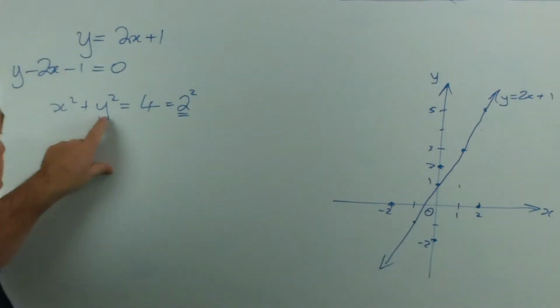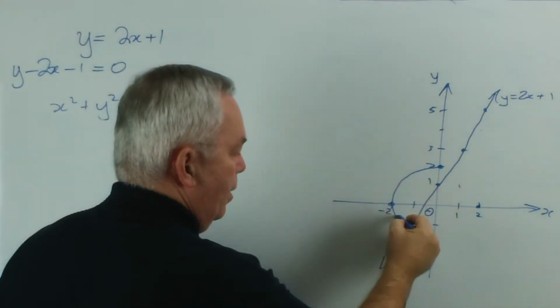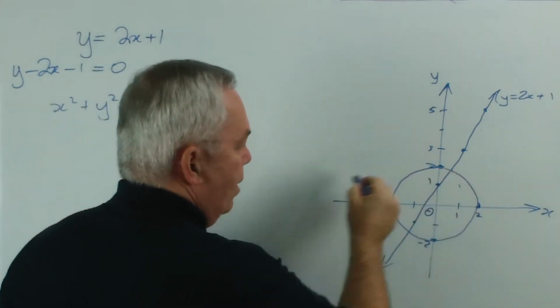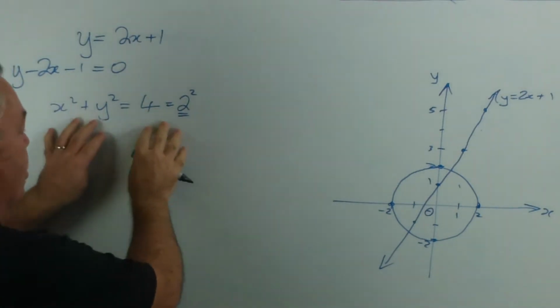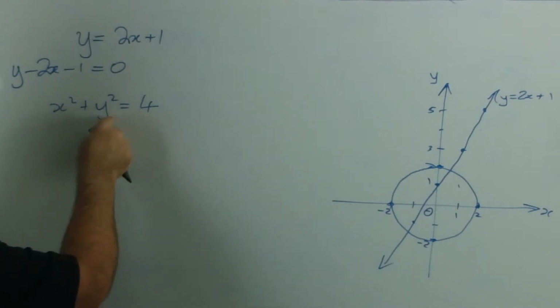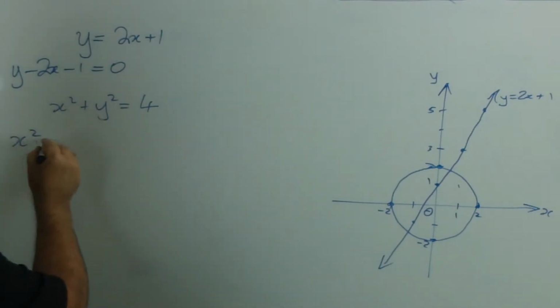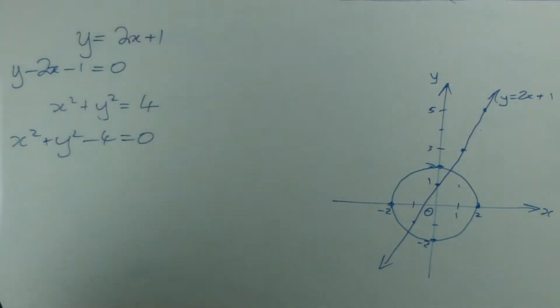The centre of this circle, of course, is at the origin, and there's my circle. Now this equation I can also change by bringing the 4 over this side into this form.